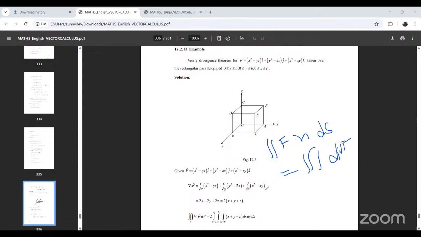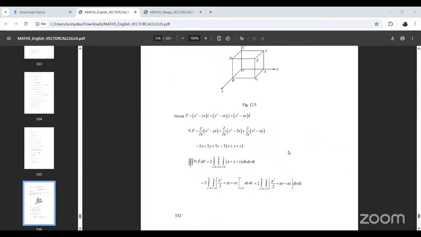First, they given that f equals (x² minus yz) i plus (y² minus zx) j plus (z² minus xy) k. Then div f is ∂/∂x, ∂/∂y, and ∂/∂z, and we are getting 2x plus 2y plus 2z, which is 2 into (x plus y plus z).